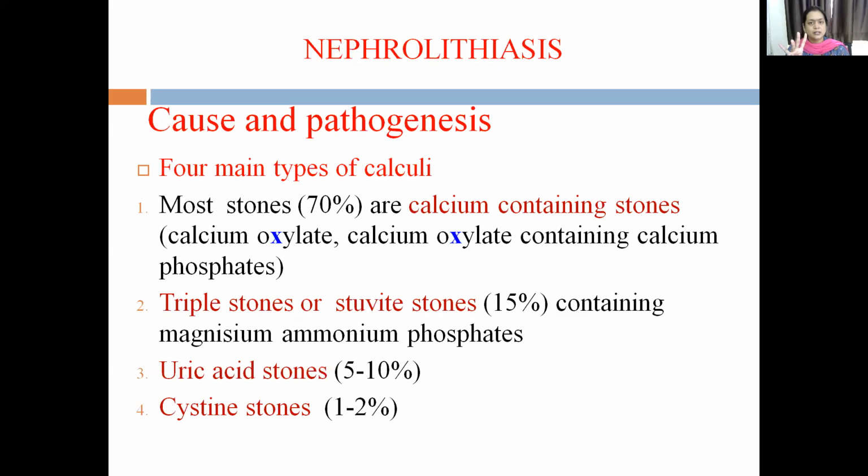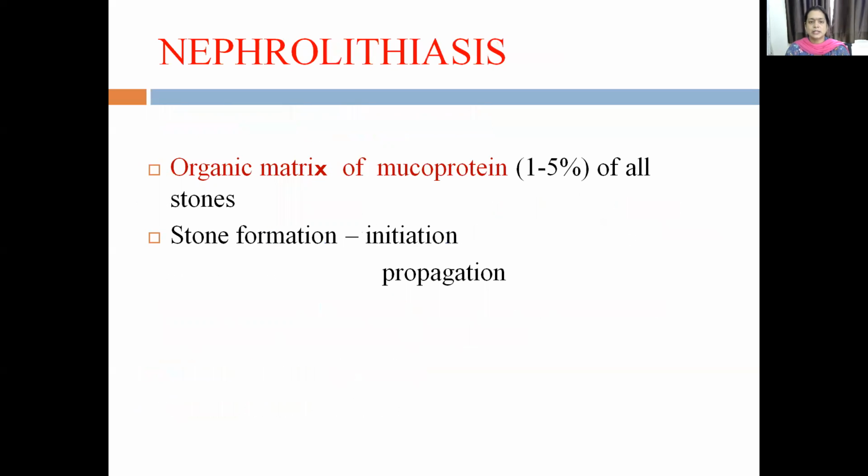And uric acid stone forms whenever there is acidic urine pH, associated with gout or hyperuricemia, or even without that, with a tendency to excrete urine of pH less than 5.5. Then the cysteine stones. So these 4 types of stones we'll see.